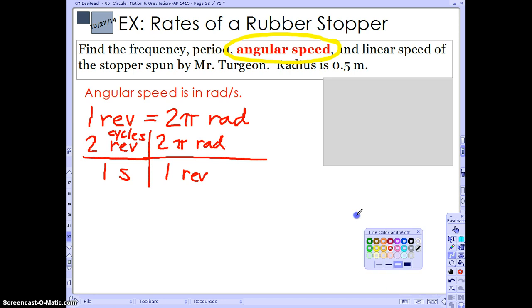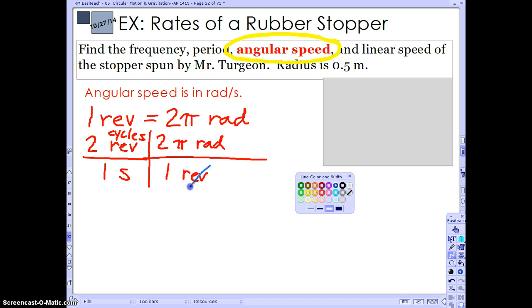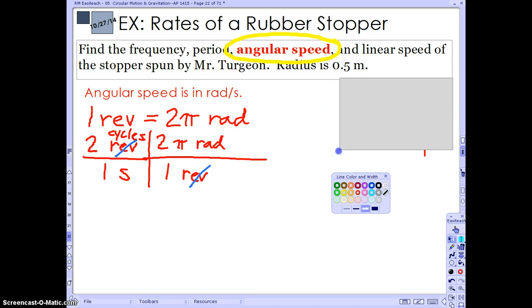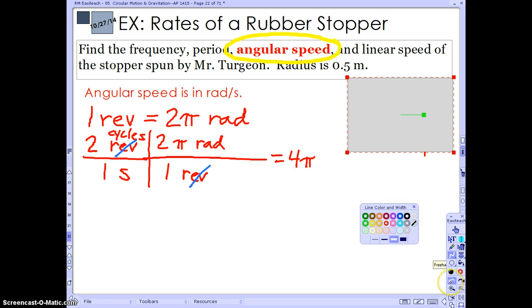This seems to make everything work because you can see that I'm going to cancel out revolutions and I'm going to multiply across and get my answer now. And this is just going to be equal to 4 pi radians per second. I don't know, 12 point something.